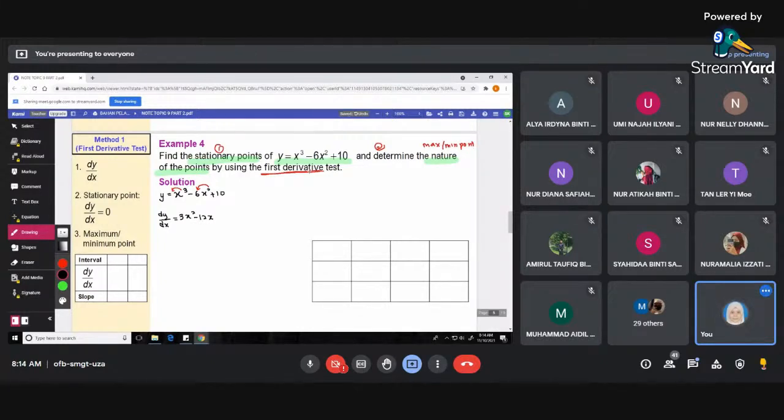Differentiate 10, 0, so no need to rewrite. So we need to find stationary point. This is your stationary point, that means dy dx must equal to 0.